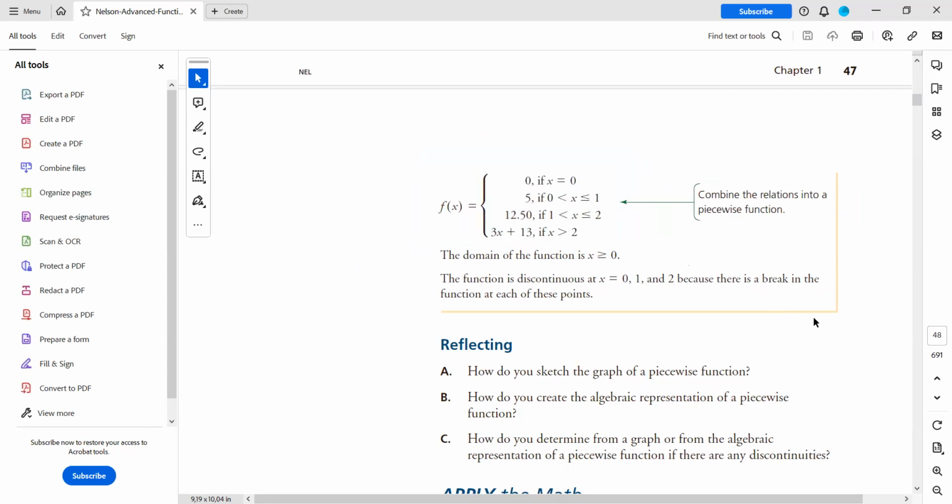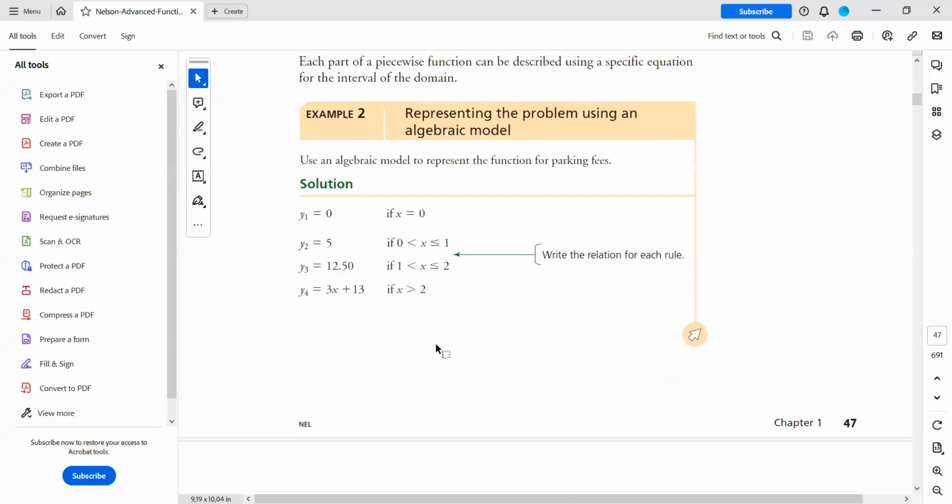The domain of the function is x greater or equal to 0, right? Because these are all values that x could take. X is hours in our scenario, but x could also be some other numbers. The function is discontinuous at x equals 0, x equals 1, x equals 2, because there is a break in the function at each of these points.